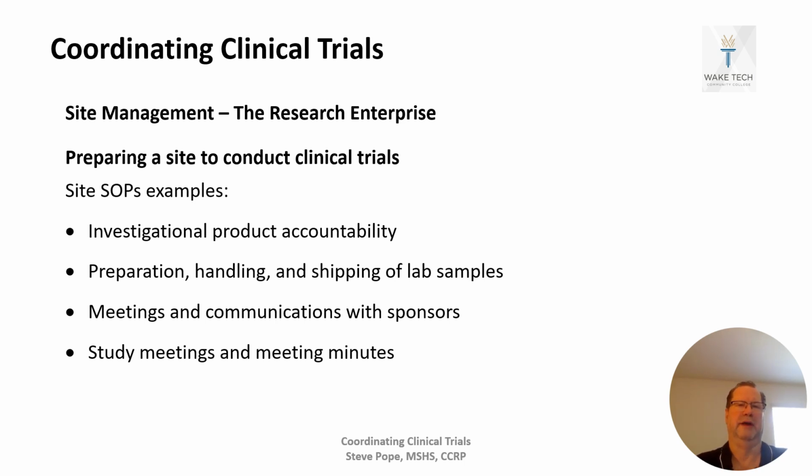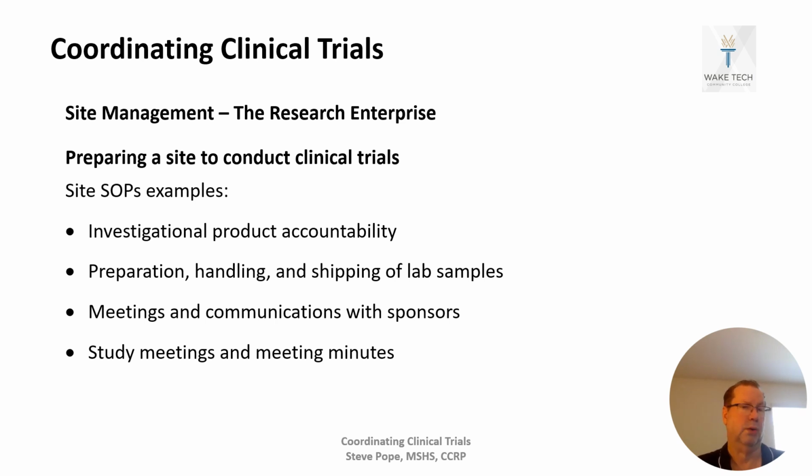Investigational product accountability. This is very important. You need to have a process for who does what, who records IP, who takes down all the accountability features in IP accountability. Who's recording, for instance, when the subjects bring back their IP and they've got unused IP and you're going to record that on the accountability log?